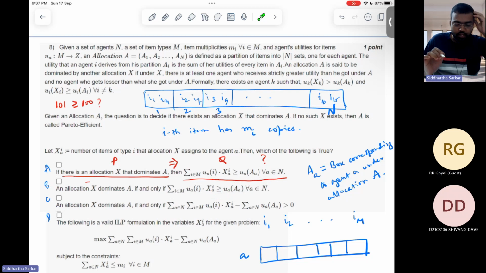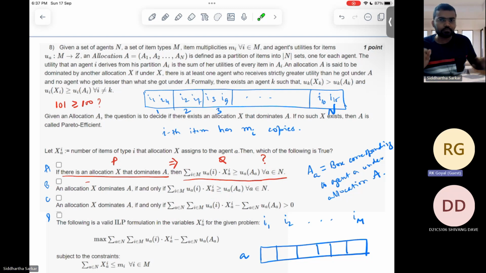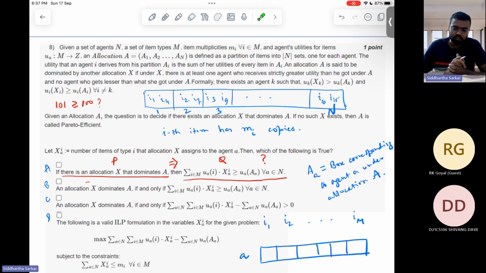But does P imply Q? That is the question. No, because Q includes a possibility wherein the equality holds true for all the small a's. Let it be equal.